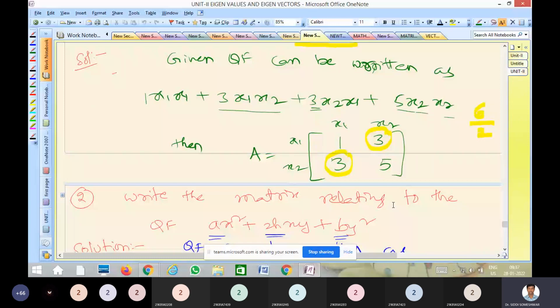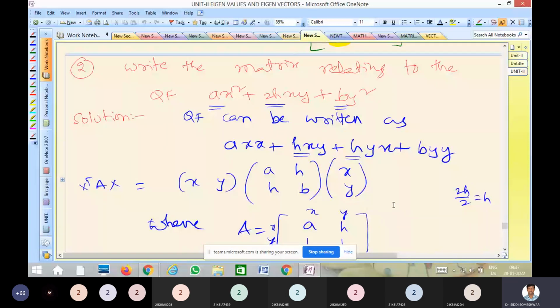Similarly, you can see here ax square plus 2hxy plus by square. So here the given quadratic form is in the form of x transpose Ax, where we need to calculate this A, that is a h h b.